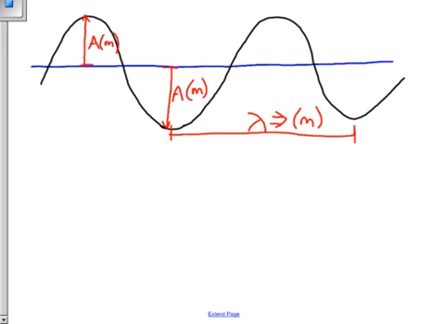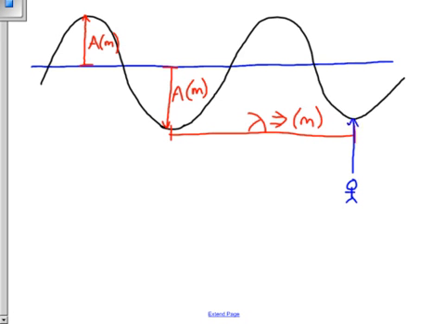If we stand in one spot, I'm going to go ahead and draw us standing and looking right here. If we look at that and we take the time it takes for one wavelength to go by, so in this case it would be from the trough to the trough, all right?